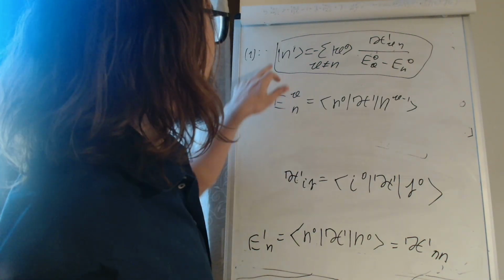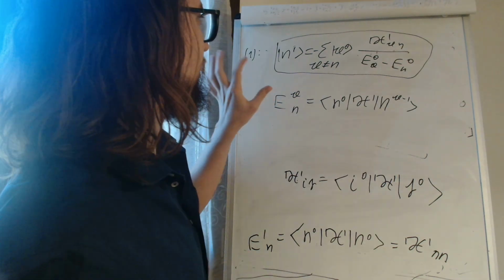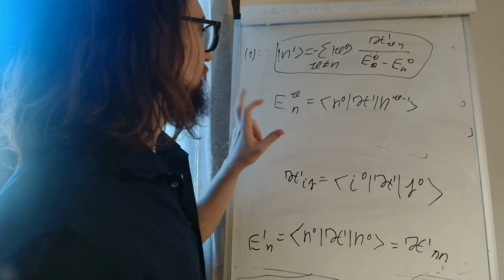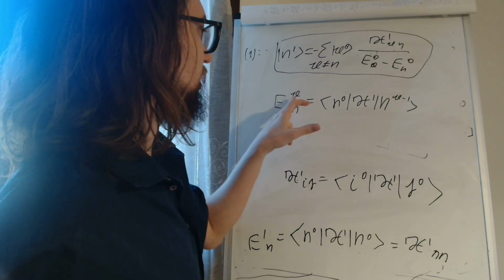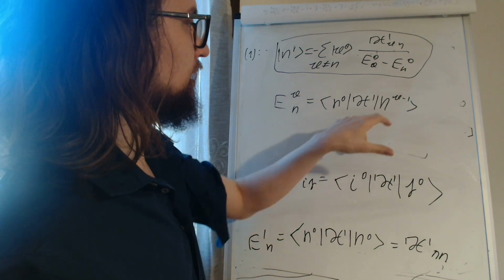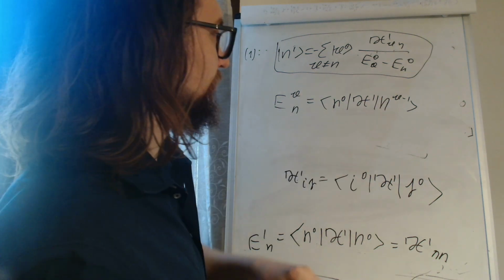Now that we have n1, we can find the second order correction to the energy. Remember the formula for the k order correction to the energy, we need the k minus 1 correction to the eigenstate.